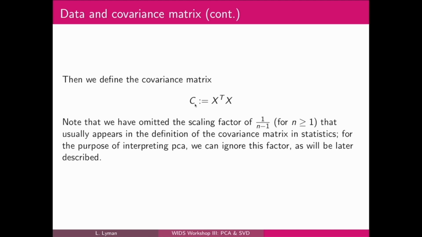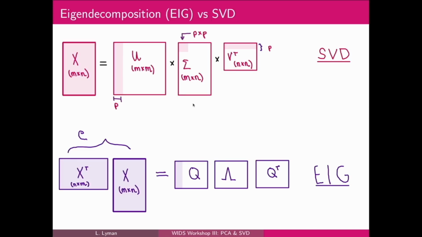Now that the covariance matrix has been defined, and we have a foundation in terms of understanding the eigendecomposition, we can relate the eigendecomposition of this covariance matrix back to the SVD of the original data matrix. So in particular, we have these factorizations, and let's see how they relate.